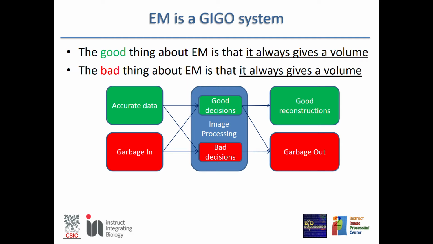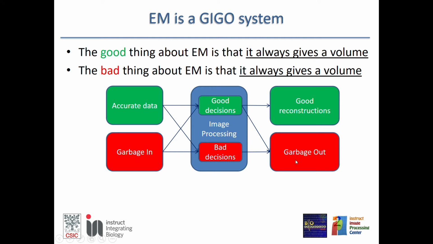And I like to think of this problem as: I want to have a good reconstruction, I need accurate data, I need to take good decisions at the level of image processing, and then I will have good reconstructions. Otherwise, if I have accurate data but I take bad decisions, I will have a bad reconstruction.